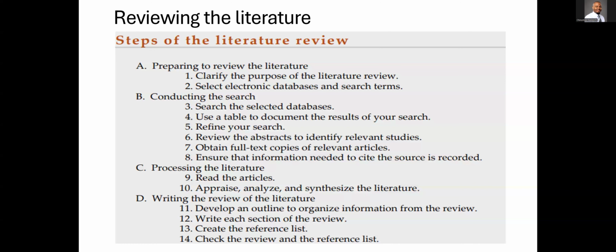But there are some abstracts you will see and you say, oh, no, this is not even relating to what I'm doing. Some people use catchy titles in their research, and these catchy titles can deceive the database and will pop up in unrelated researches. So when you look at their abstracts, it will be easy for you to see that that work is not pertinent or not related to your study.